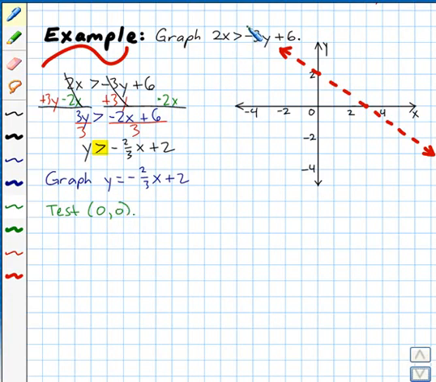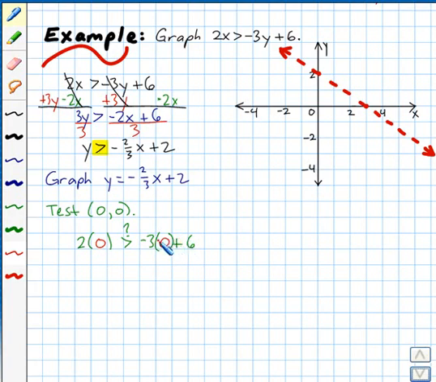So let's take our original inequality, 2x. We want to see if that's greater than negative 3y plus 6. And we're substituting 0 in for x, and we're substituting 0 for y.